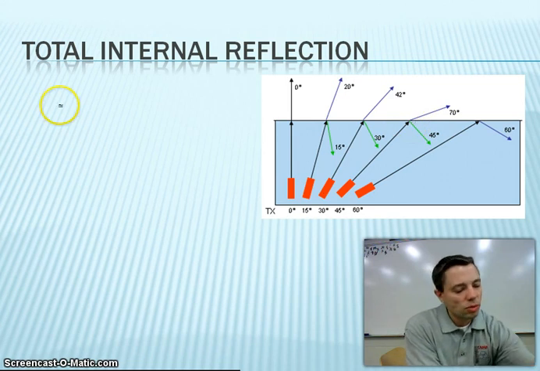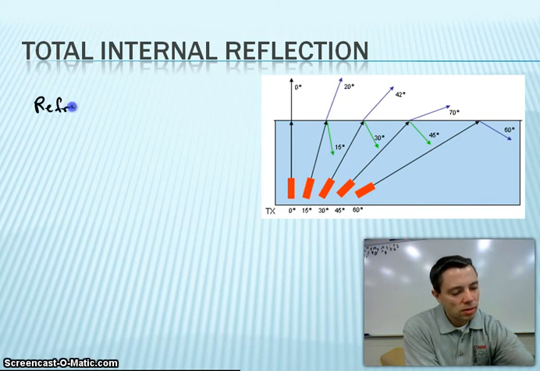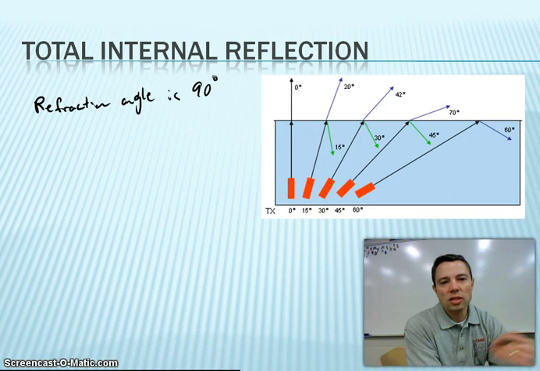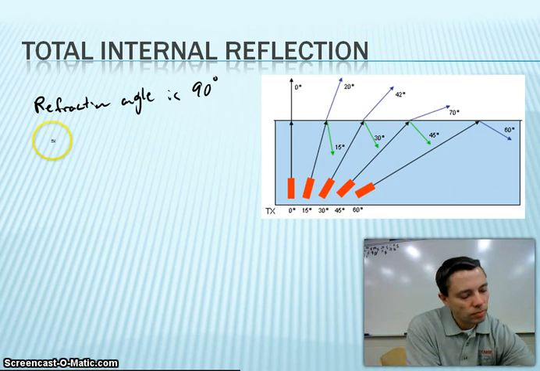When we get to a point where the refraction angle is 90 degrees, that's the point at which we have what we call a critical angle.